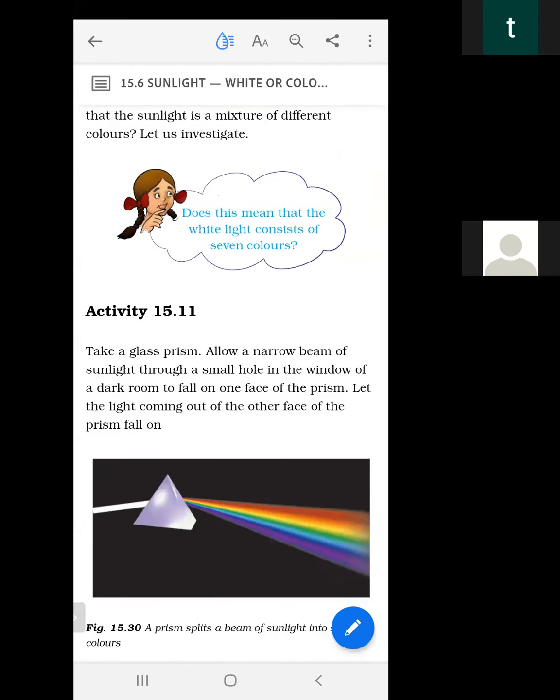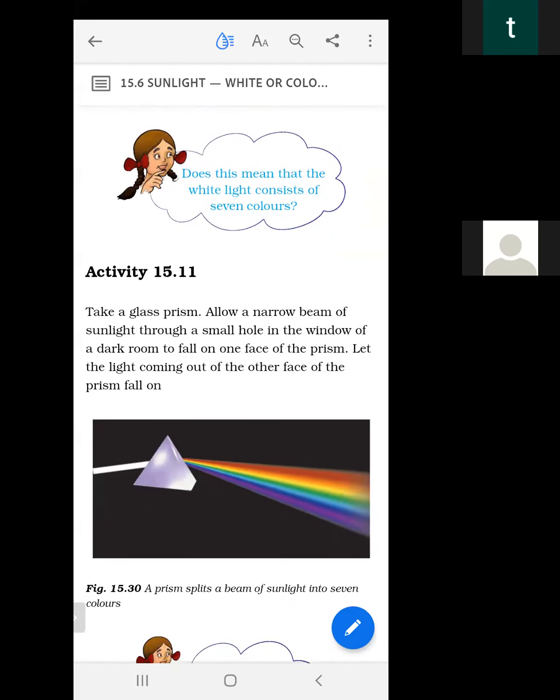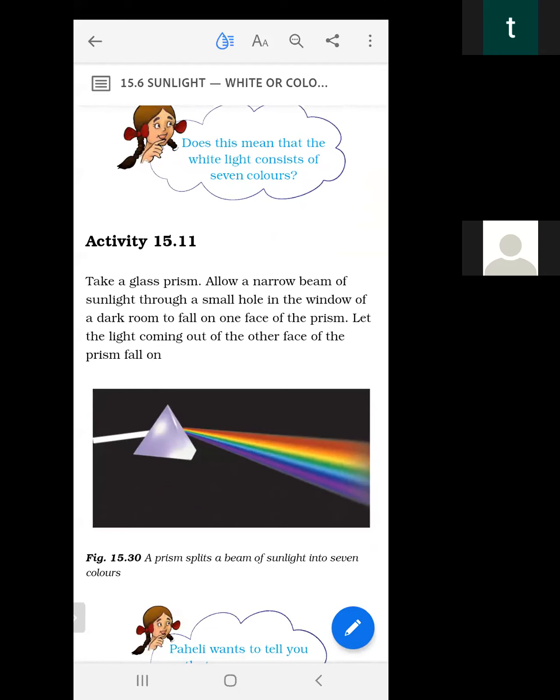Let us perform an activity with the help of a prism. Yes, students, this is a prism. In the next class, I will show you some apparatus like lens, mirror, prism, plane mirror, so you will be able to recognize them. So let us perform activity 15.11. Take a glass prism, allow a narrow beam of light through a small hole in the window of a dark room to fall on one face of the prism.